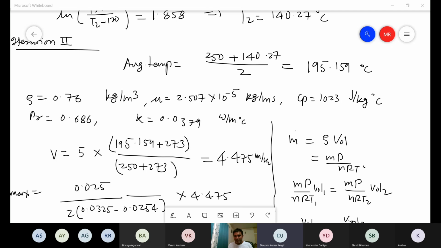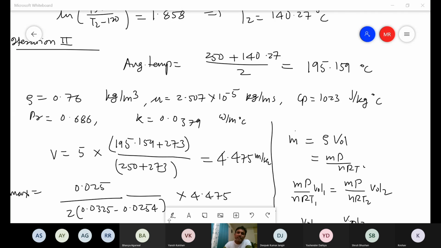Okay, sir. Thank you, sir. Sir, how much error percentage is allowed while checking whether the temperature is close? If it is 1 or 2 degrees, then it's perfectly all right.